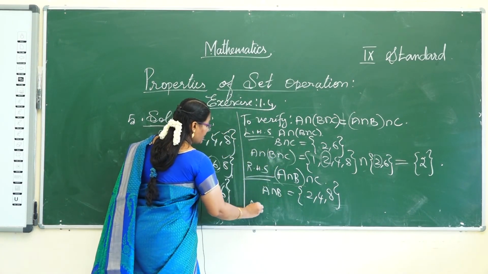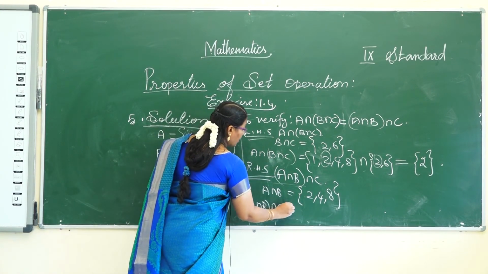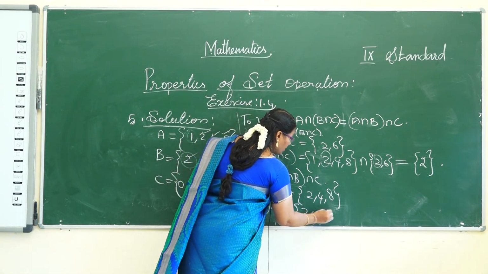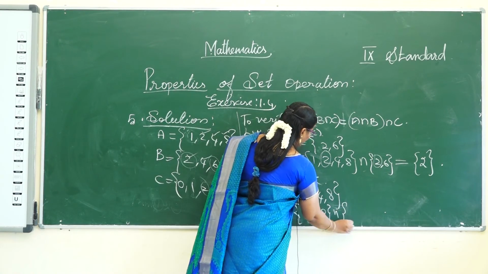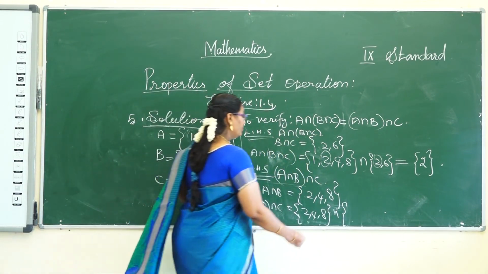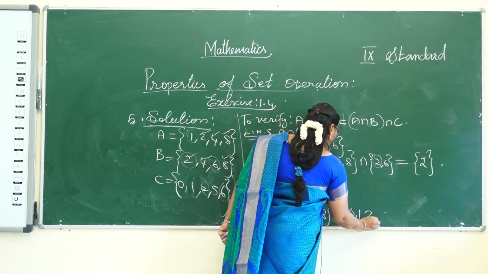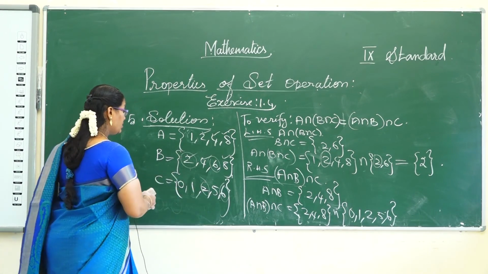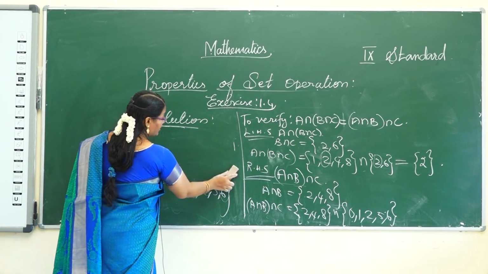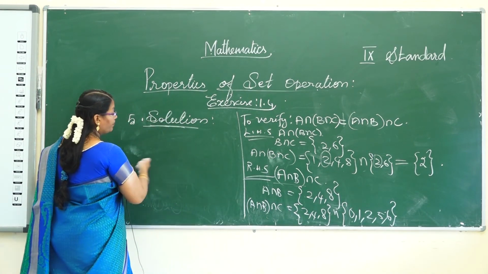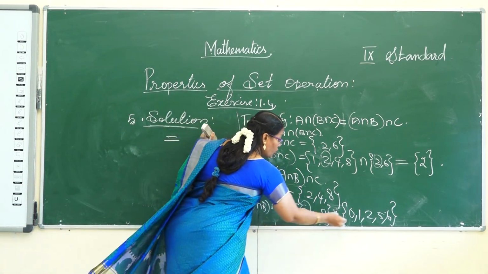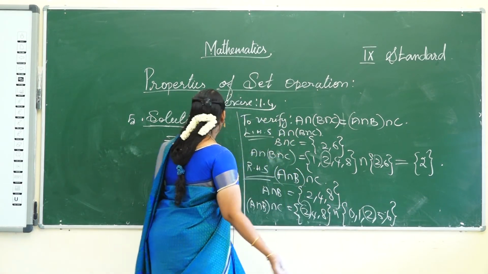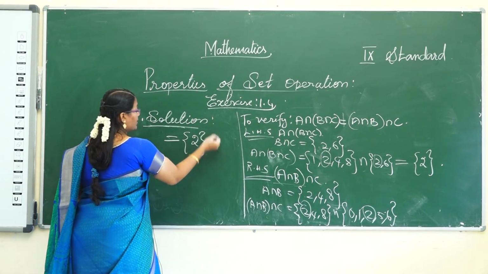Then find A intersection B intersection C. We already found the value of A intersection B: 2, 4, 8. Intersection with C, whose values are 0, 1, 2, 5, 6. Which elements are common? 2 is common, and is there any other element? No, nothing. So the singleton set is 2.